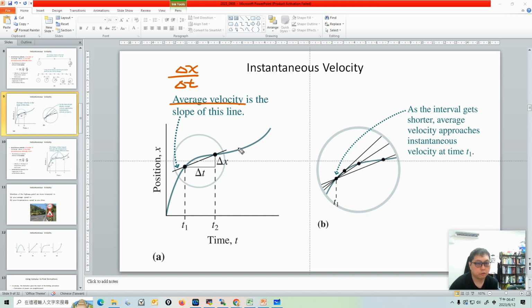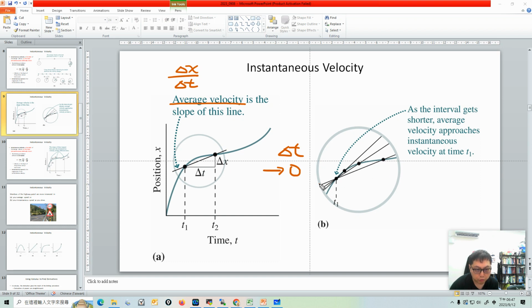If we let delta t approach zero, as on the right hand side, the time interval gets shorter and shorter.